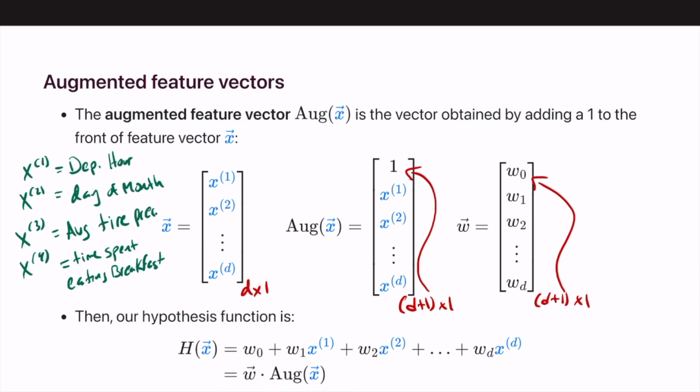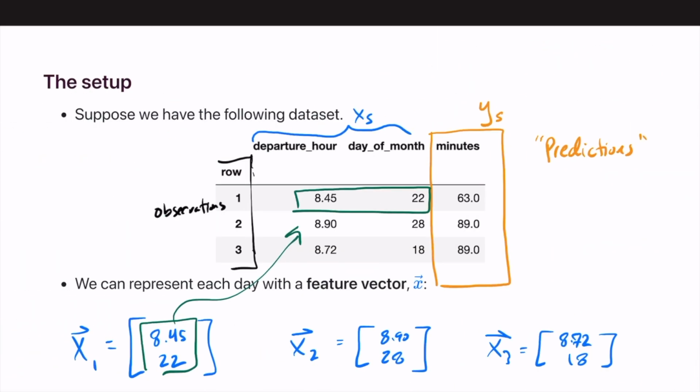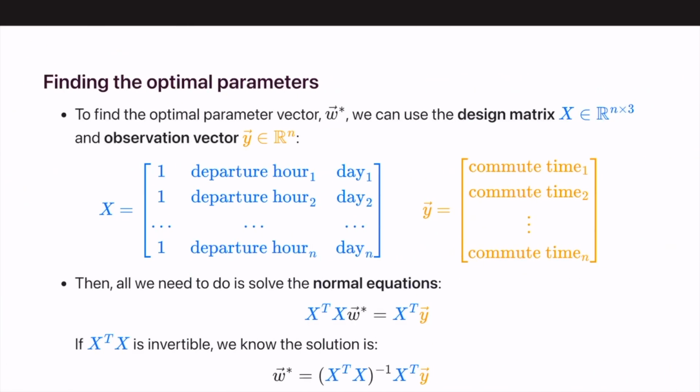Also important to note, just in case this isn't obvious, all the values in your feature vector are just constants, because they are values from our training data, the raw values, these things.